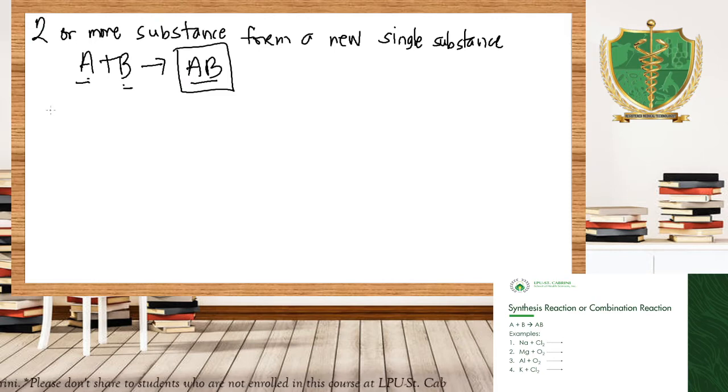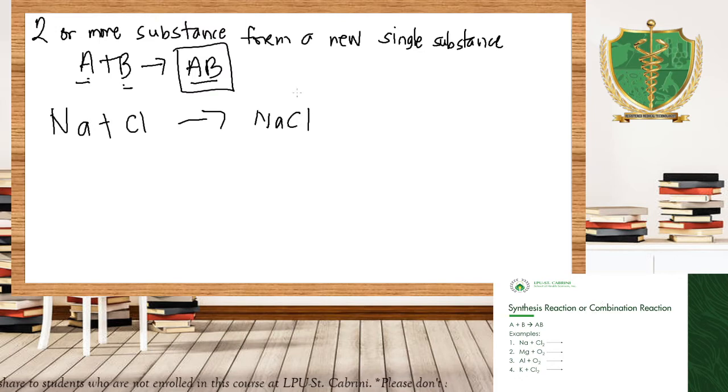We have sodium plus chlorine. We will have sodium chloride as our product. So this is our A, this is our B, AB: sodium plus chlorine gives sodium chloride. That is what we call the synthesis reaction or combination reaction.